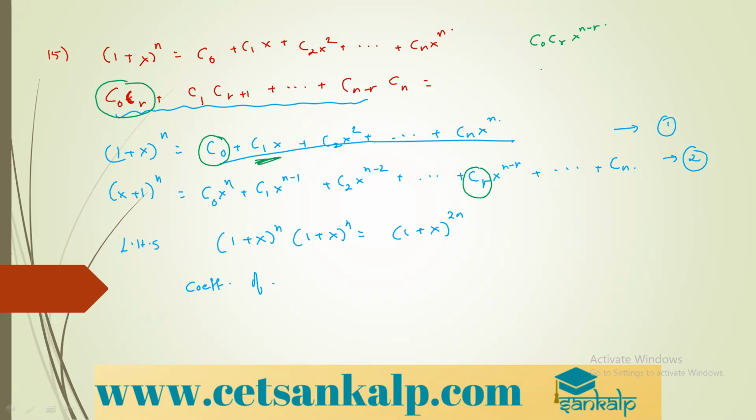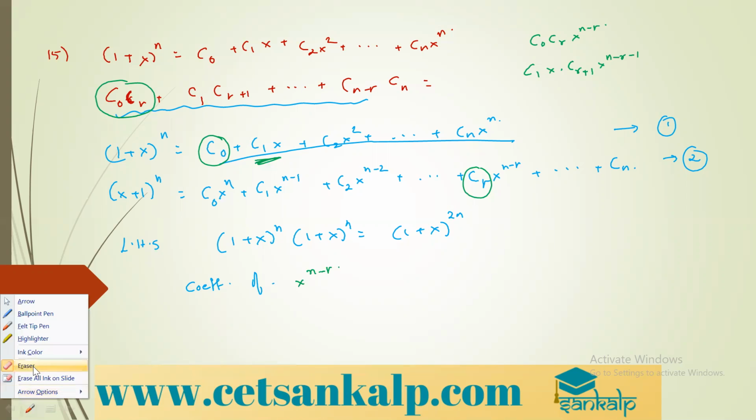Similarly, if you multiply C1x and Cr plus 1 x power n minus r minus 1, what are you getting? The coefficient of x power n minus r only. So here we are getting a common thing. So we have to find the coefficient of x power n minus r, on the left side and right side. The right side is very easy.